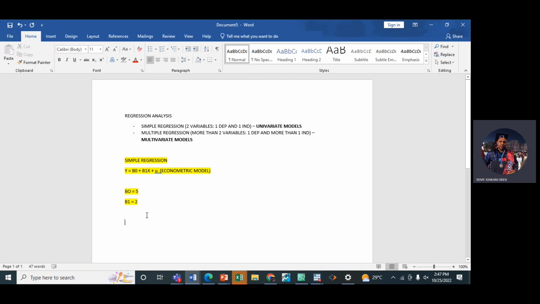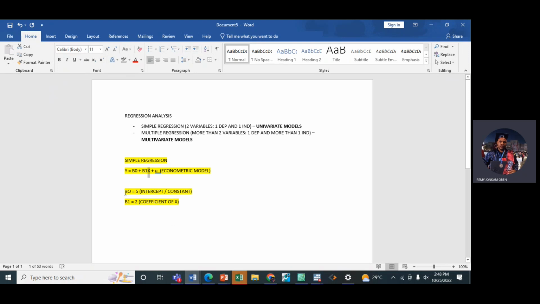So if we assume that beta 0 is 5, which obviously is the intercept, the constant. This beta 0 here is our intercept, or the constant term. And what is beta 1? Beta 1 is the coefficient of x. That is, this beta 1 is the coefficient of this x value, this x variable.